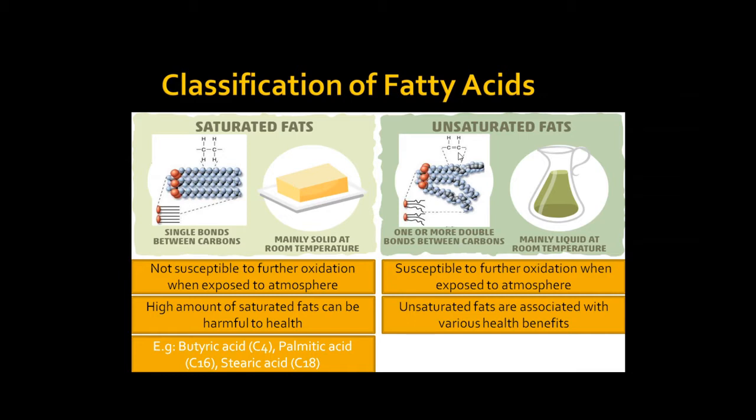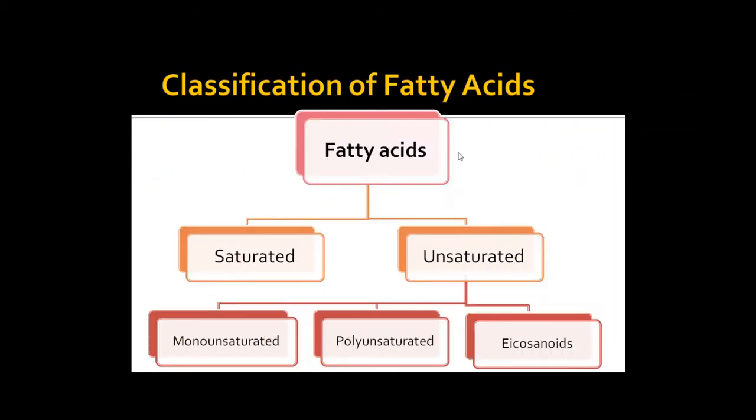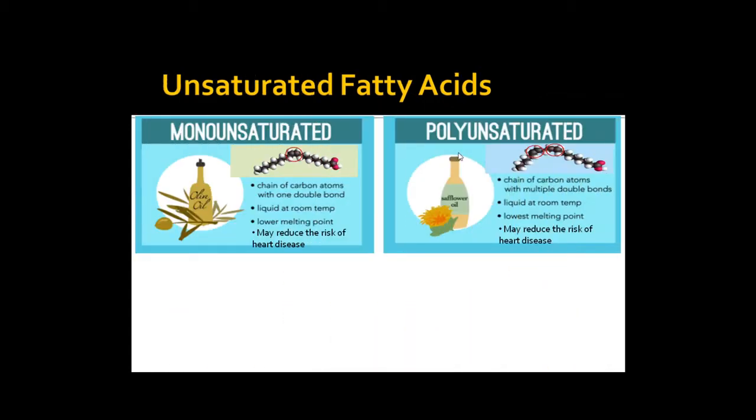And if we talk about unsaturated fatty acids, they can be further classified into three categories: monounsaturated, polyunsaturated, and eicosanoids. Monounsaturated fatty acids, as the name indicates, have a single double bond of unsaturation, and polyunsaturated fatty acids have more than one double bond.